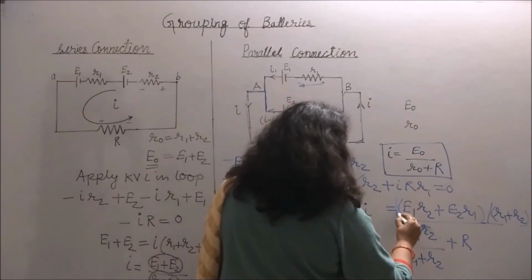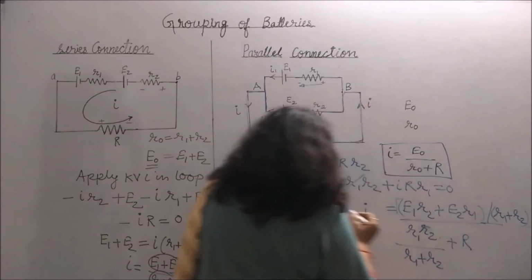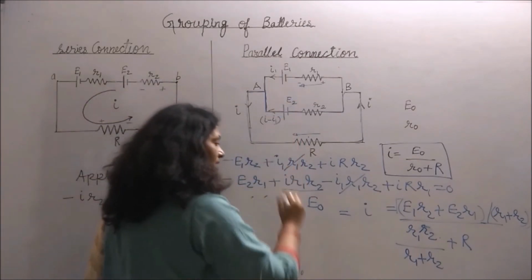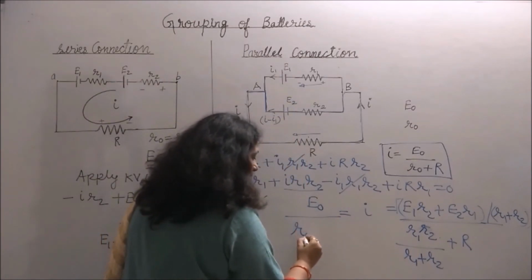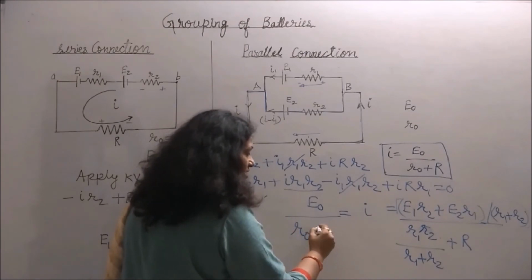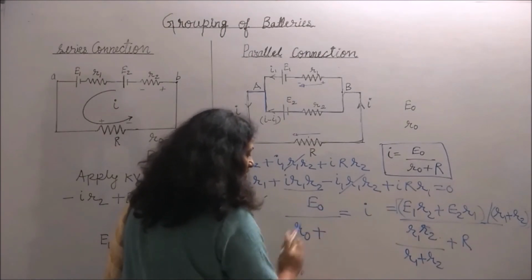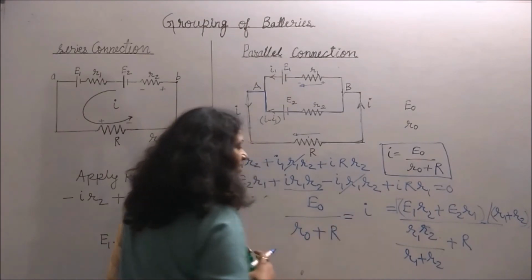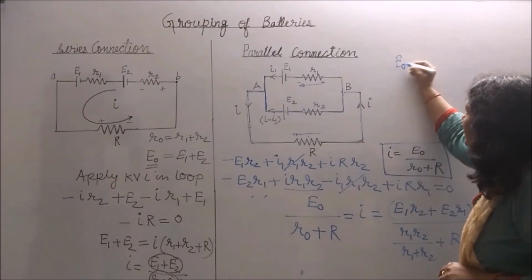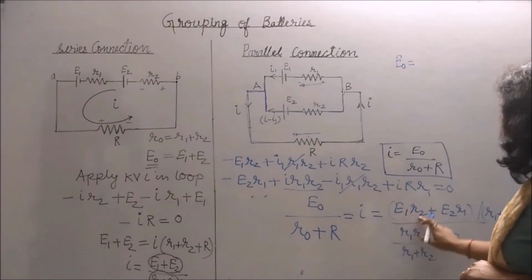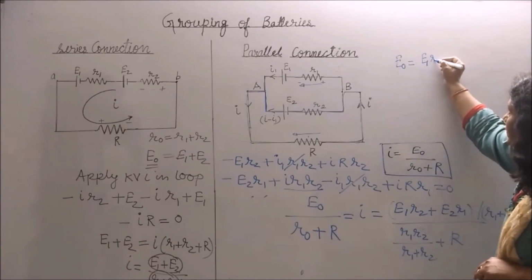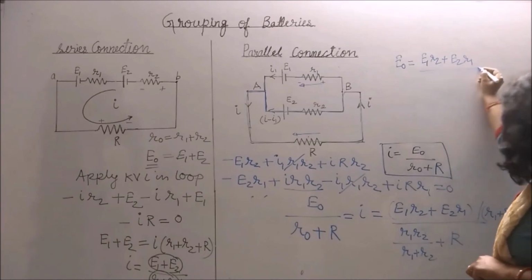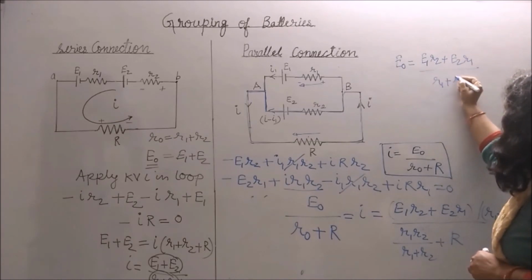On the numerator, our E naught is present, that is the equivalent EMF of the parallel connection, and the equivalent resistance, the internal resistance of the batteries, that is R naught plus R. So their values are E naught, that is E1 R2 plus E2 R1 divided by R1 plus R2.